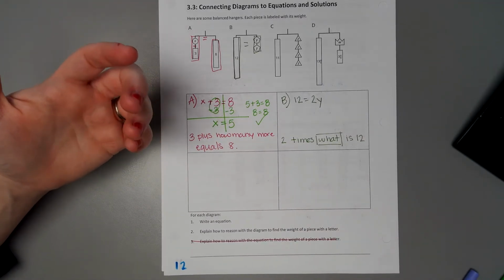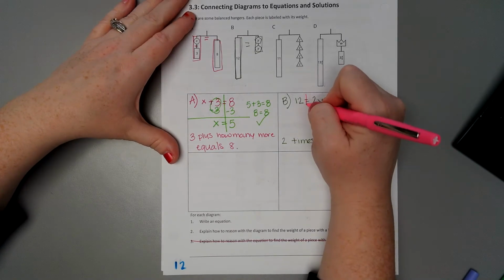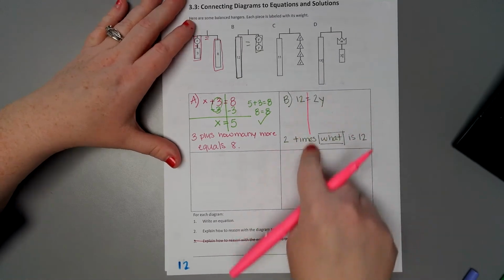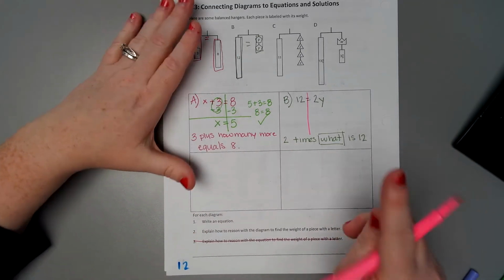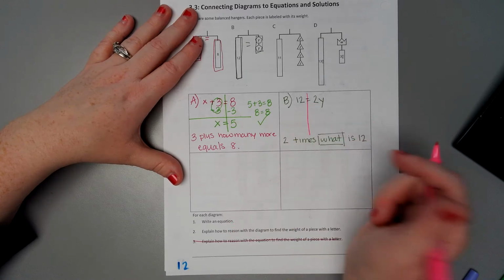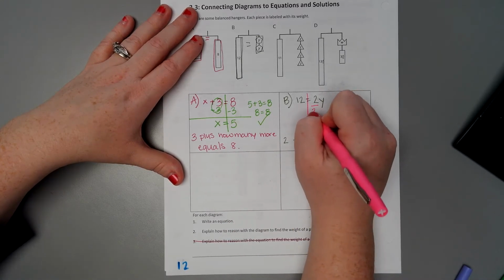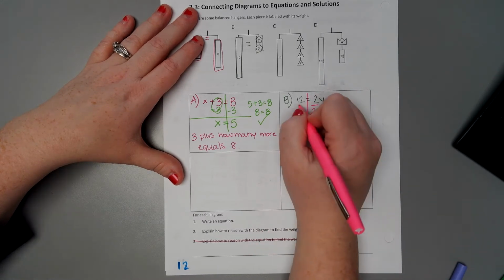Or we can use the steps in solving the equation. Each time I solve an equation, I always draw the line down the middle. So I keep my sides separated and I keep them balanced. This is 2 times y. What's the opposite of multiplying by 2? Well, the opposite would be to divide by 2. When you write it as a fraction, that also means to divide.